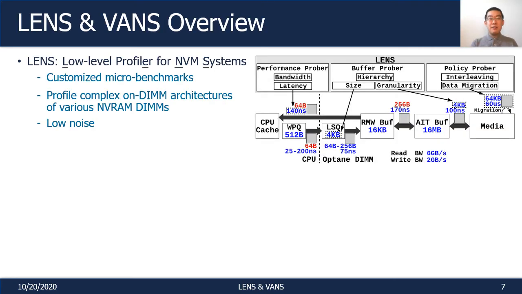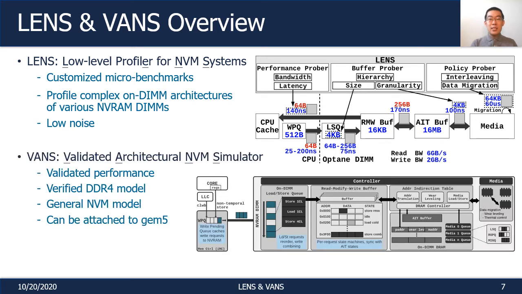In this project, we first build Lens, a low-level profiler for non-volatile memory systems. It has carefully crafted micro-benchmarks that trigger specific hardware behaviors and discover the complex microarchitecture design of non-volatile memory products. It also achieves low-noise profiling results. Based on Lens profiling results, we build Vance, a validated architectural non-volatile memory simulator.